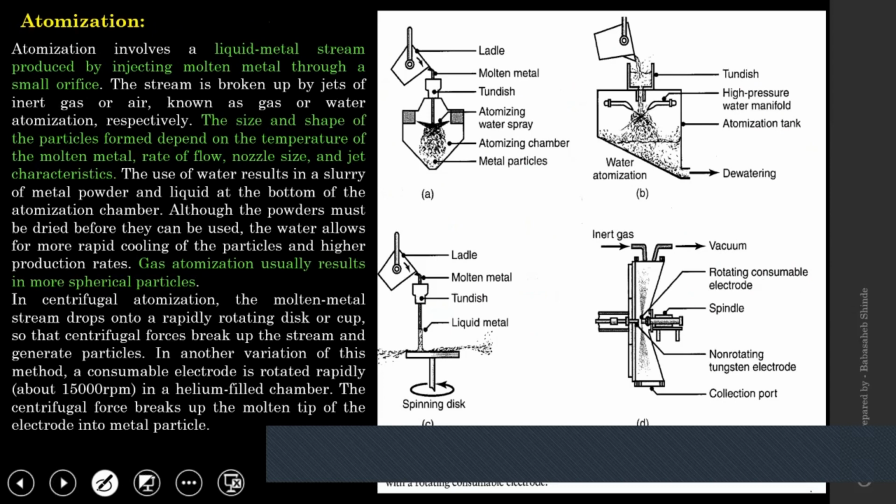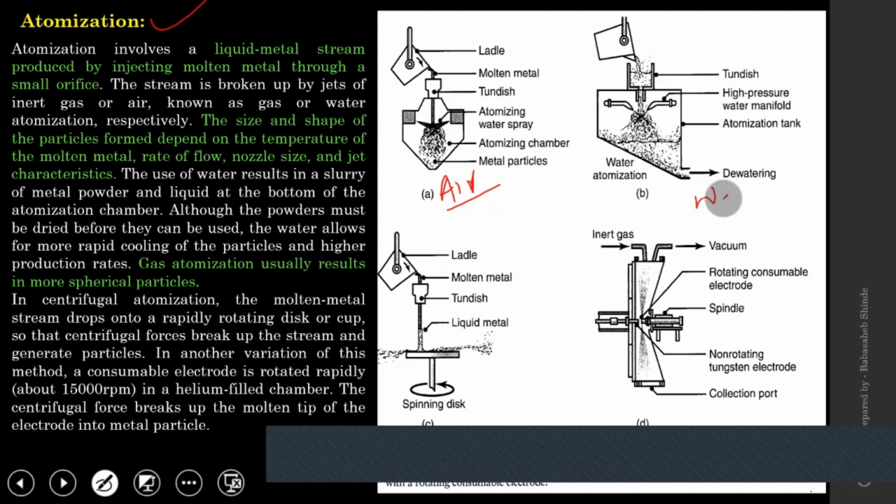Now, the first technique that is widely used to get powder metal is atomization. In atomization, there are four methods shown in this sketch. The difference between them is that the first technique is based on air; the working fluid used is air.